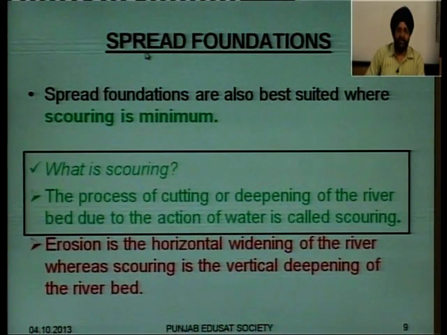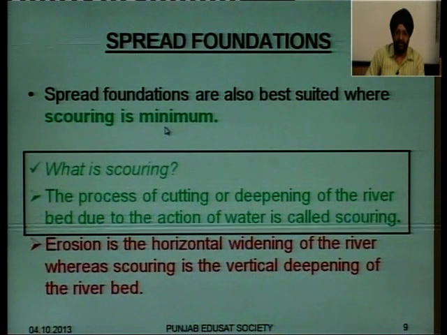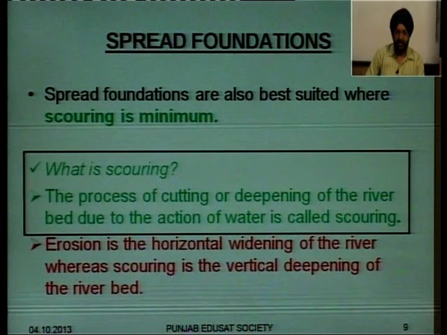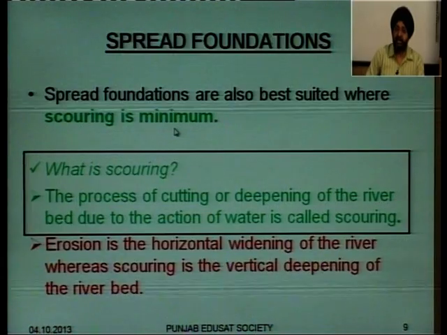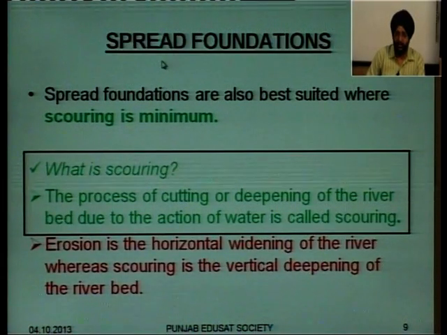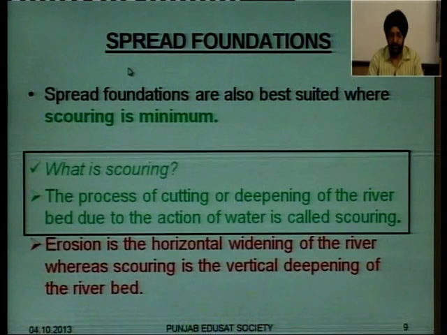And these spread foundations are best suited where the scouring is minimum, means where the river is not deepening vertically. On the other side, where the scouring is maximum, these are not suitable. So, this is regarding the spread foundations.